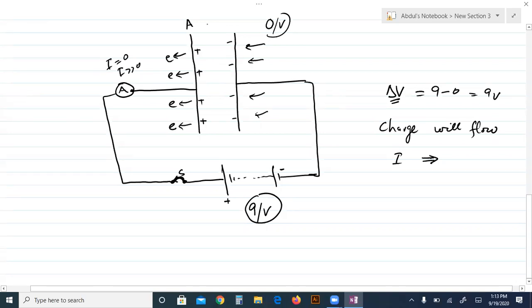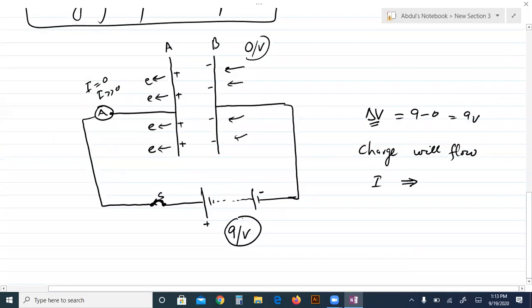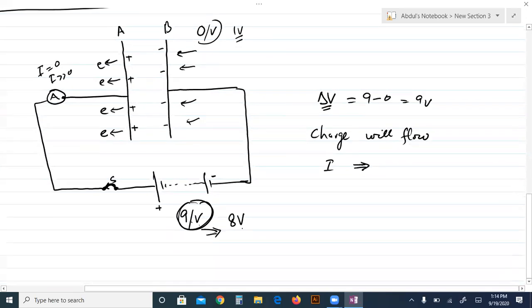So the positive charge on the A plate and the negative charge on the B plate gradually increase with the passage of time. But the potential of the battery is decreasing because it's sending its charges to the capacitor. So the potential of the capacitor is increasing.